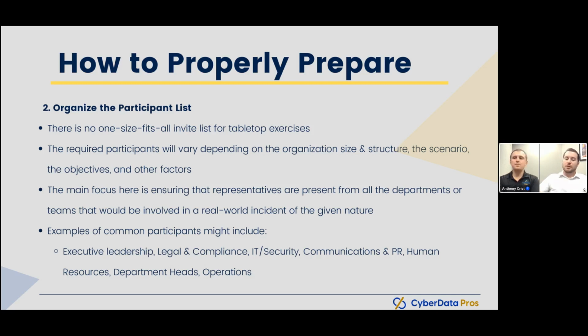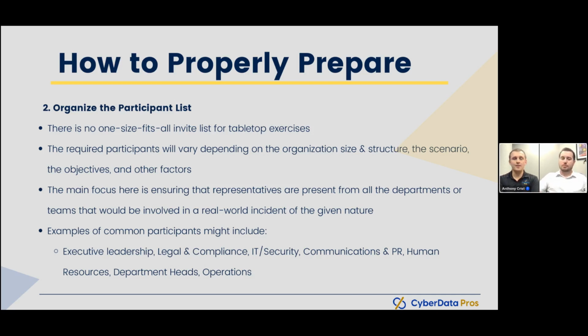Right. And so some good examples, again, these aren't going to be uniform for everyone, but things to consider would be executive leadership, legal compliance, IT security, your communications and PR staff for dealings with the press, HR, human resources, any department heads for any relevant departments within the organization, supervisors, that sort of thing, and of course operations, to name some of the more common ones.